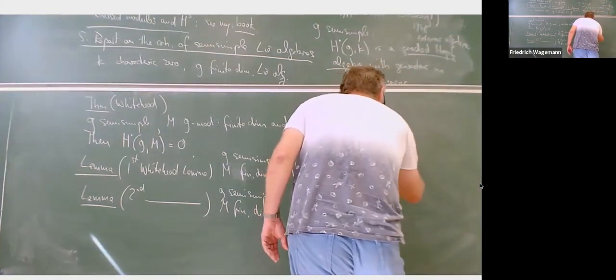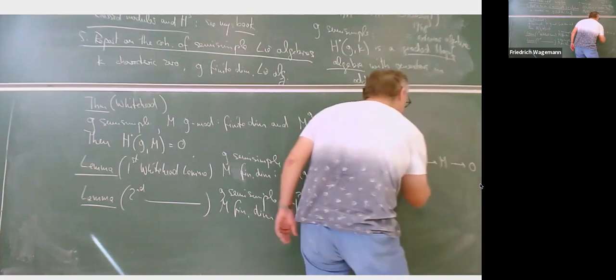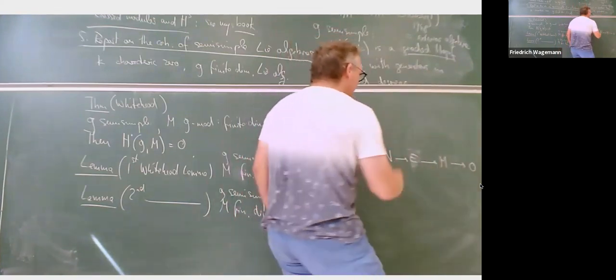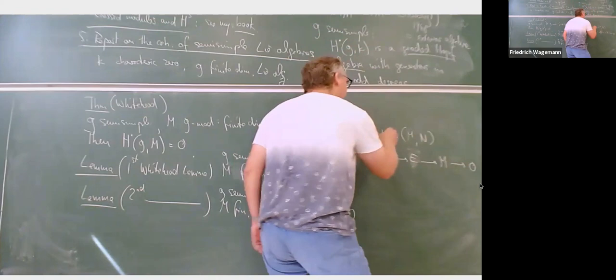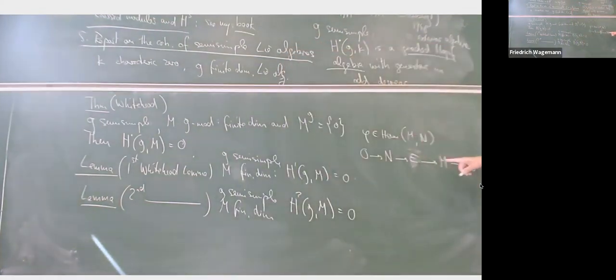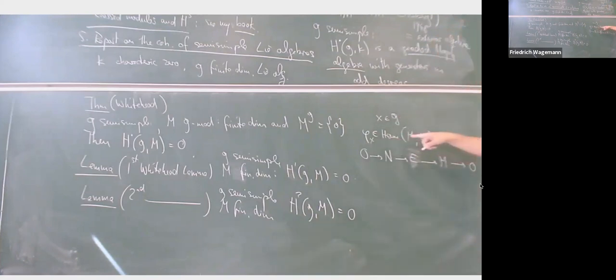When you have an extension of G-modules, N, M prime, M, 0 or E, this extension of G-modules is governed by the homomorphism from M to N. Actually, this gives a one-cocycle of G with values in the homomorphisms from M to N. And so the fact that H1 is 0 tells you that all extensions of modules split.